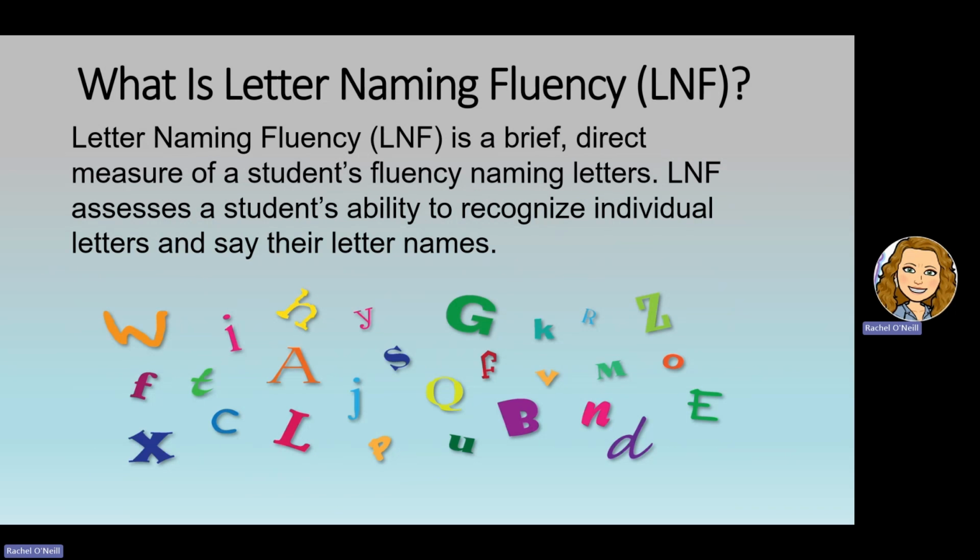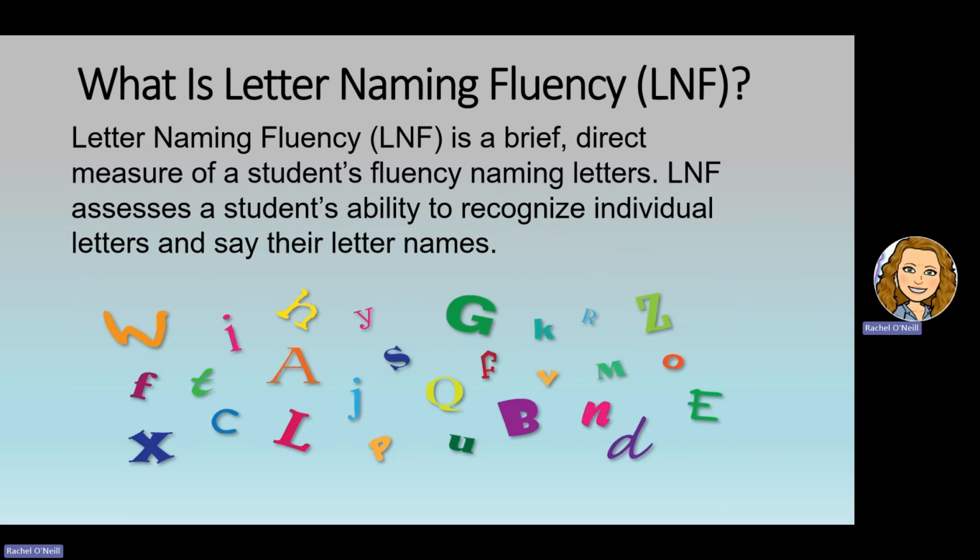Another assessment is letter naming fluency. Letter naming fluency is a brief, direct measure of a student's fluency in naming letters. The fluency aspect of the measure is important. It turns out that it is fluency in naming letters that is highly predictive of later reading outcomes, not just knowing letter names.